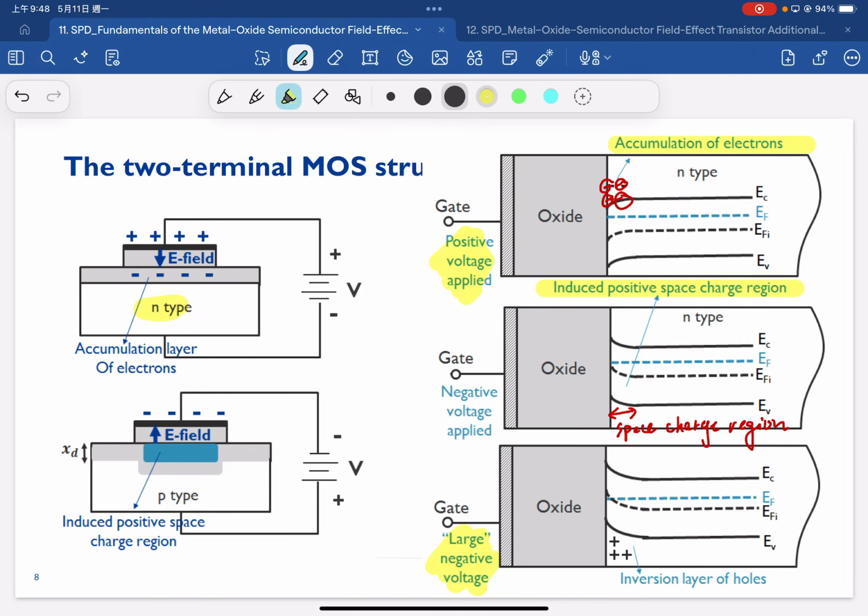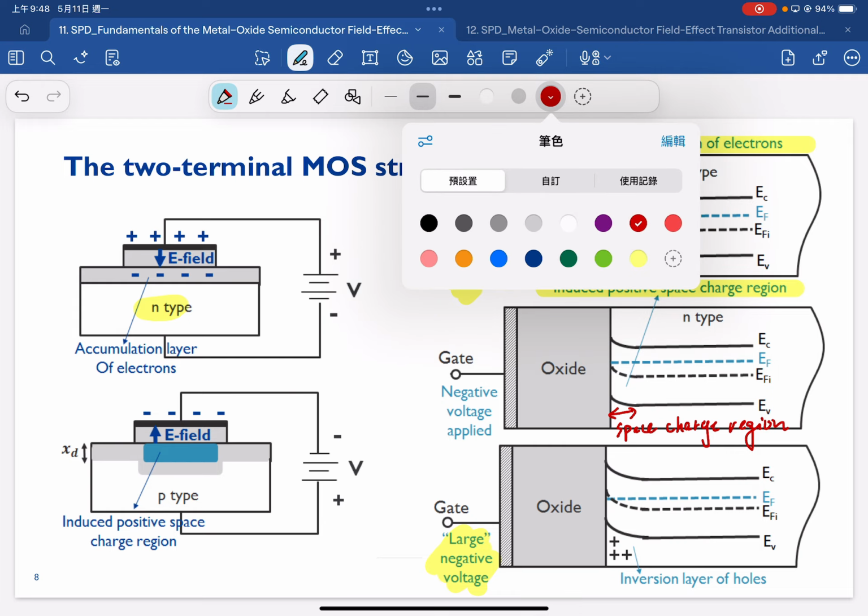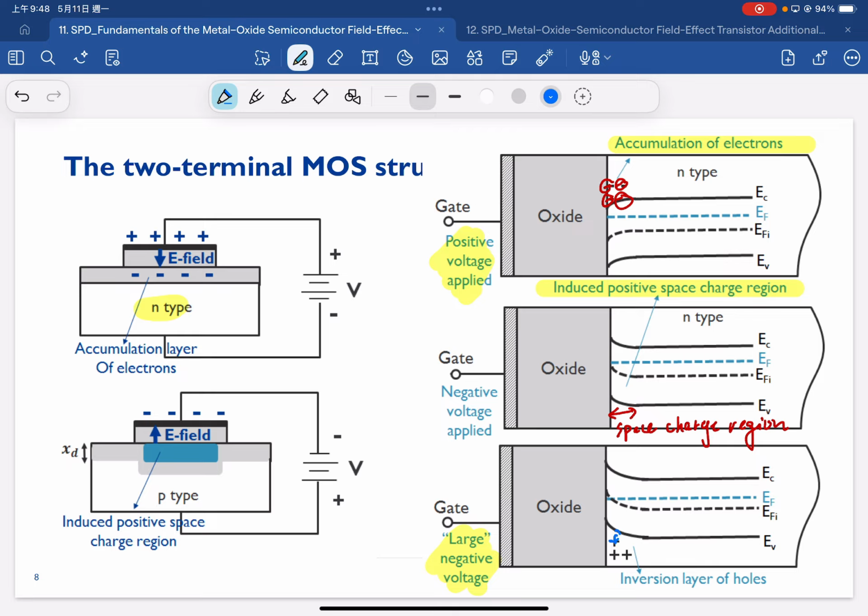So in this case, we start to have an inversion layer of holes. That's the same idea as how we analyze the p-type substrate.